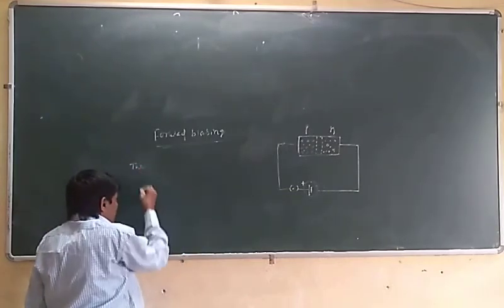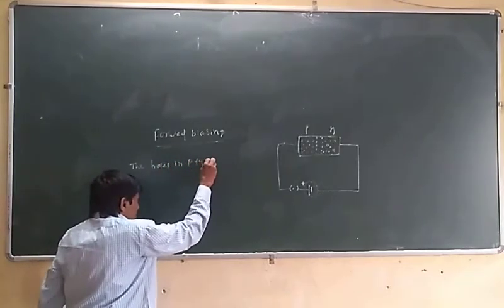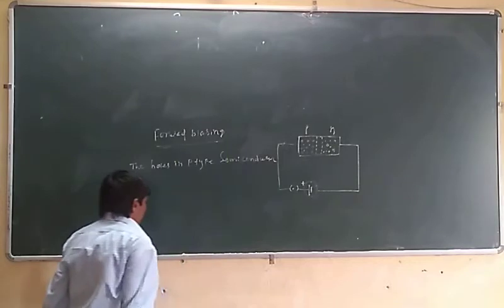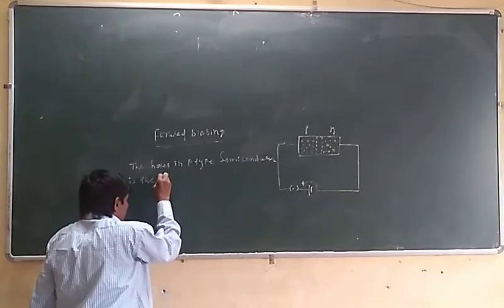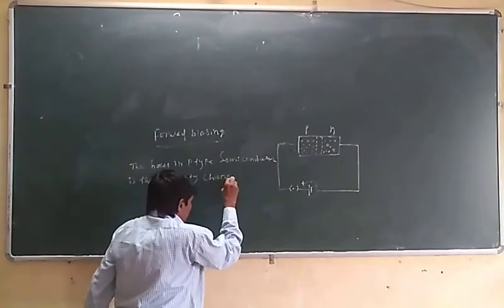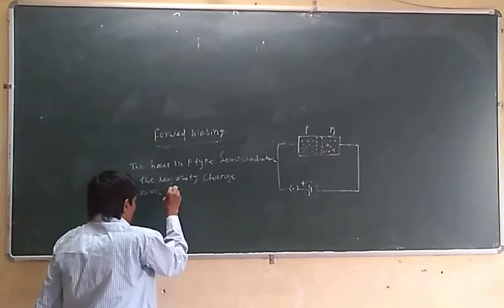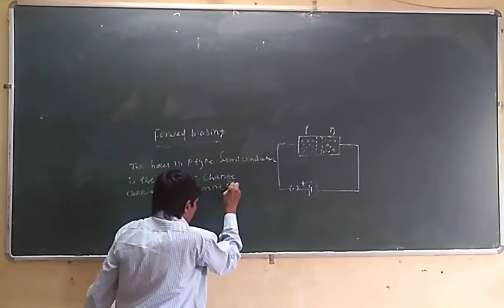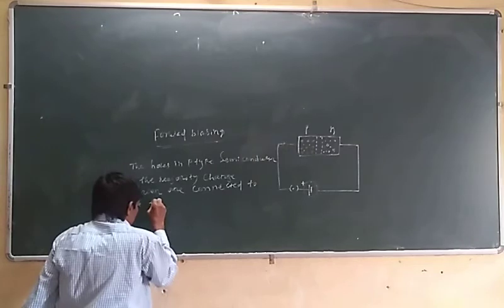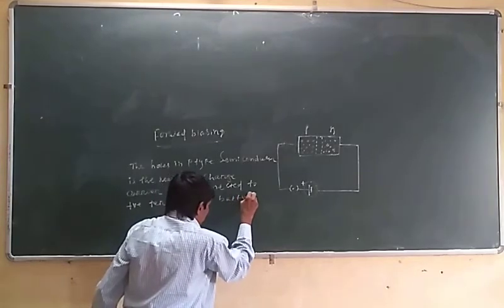The holes in the P-type semiconductor, the majority charge carriers, are connected to the positive terminal of the battery.